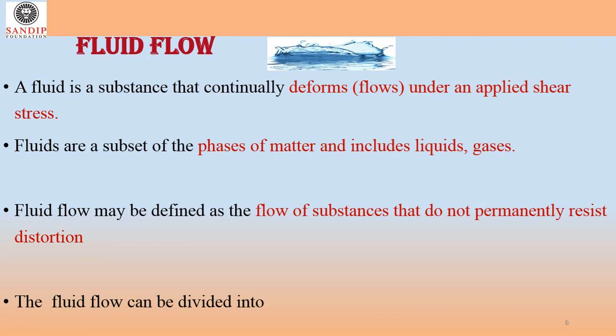Permanent shape is not necessary, so fluid shows a change in shape, whereas the third state of matter, the solid, does not show a change in shape. So that is the difference between fluid flow and solid.